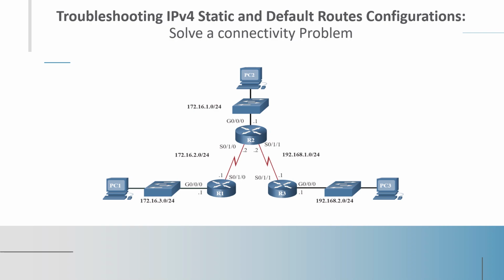This can be verified by pinging the LAN interface of router 3 using the LAN interface of router 1 as the source. Again, we will use this topology to demonstrate how to troubleshoot the connectivity problem.